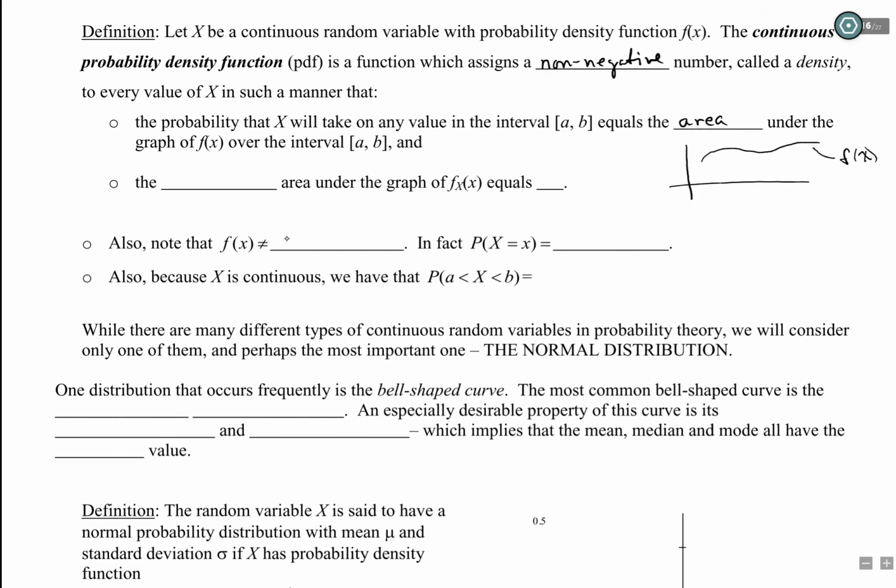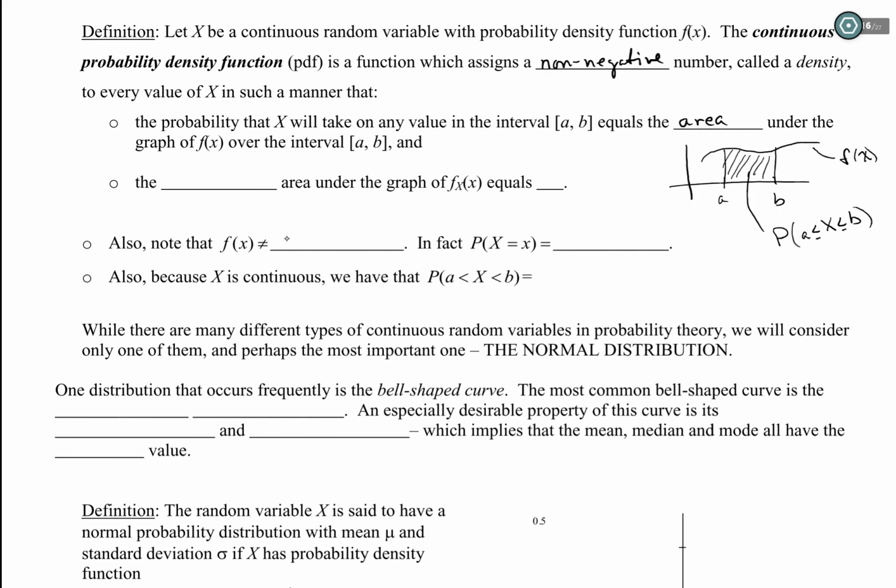Here's A, and here is B. The area under the curve between A and B, that area is going to be the probability that X is between A and B, including A and B there. So area under the PDF is probability. That's a big idea for continuous random variables.